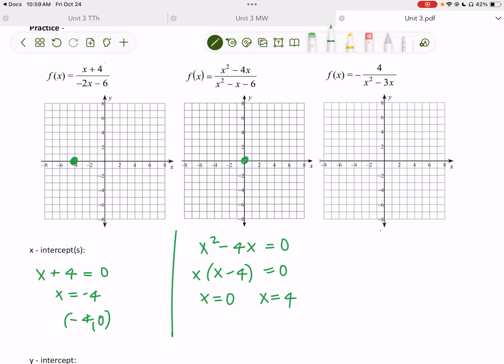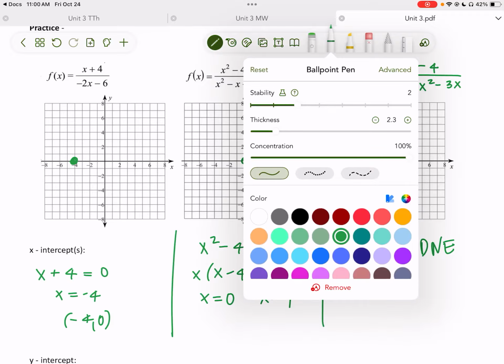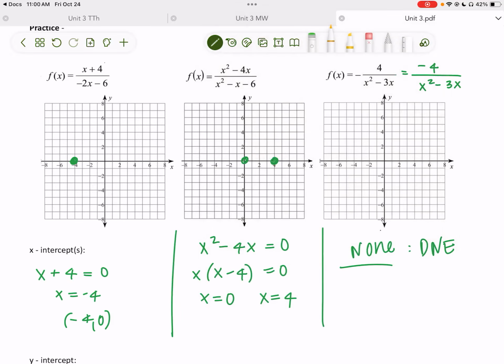So I have 0 and 4. And here, I'm going to rewrite this as -4 over x squared minus 3x. There's no difference, but I prefer that. So there is no x-intercept, does not exist. So those are your x-intercepts for the 3 of those.